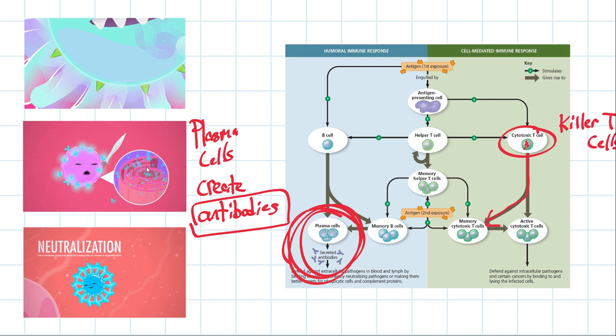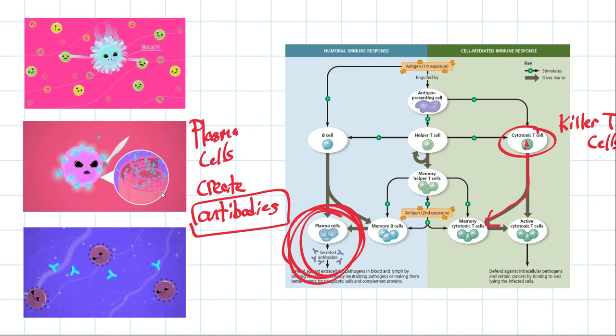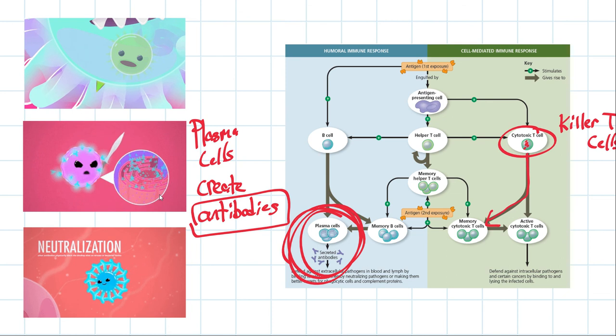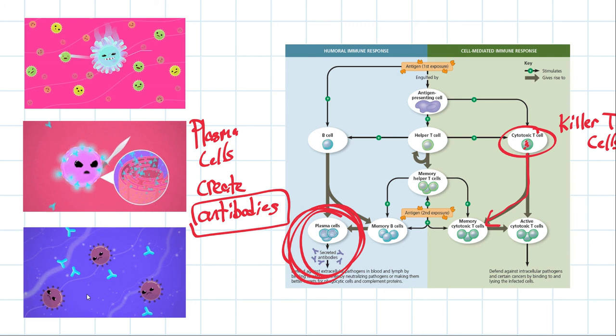But once they can do it, they can create really, really, really large numbers of those antibodies and send them out all through your blood and through your lymph. When those antibodies attach to an antigen of a pathogen, there are two basic fates.